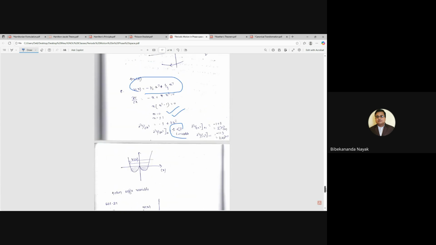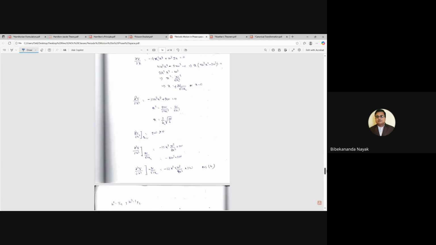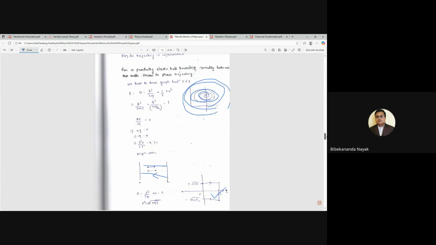Now from potential you can draw the phase space diagram. These are very complicated ones, but simple things may come in your question, like these two cases. For the harmonic oscillator, the phase space diagram is an ellipse, because energy is kinetic energy plus potential energy. Kinetic energy is p square by 2m.